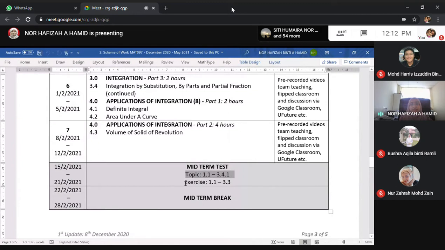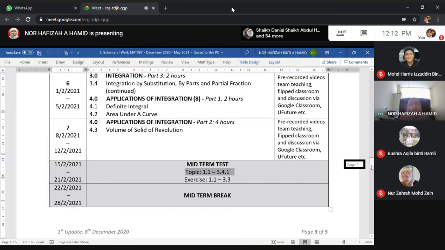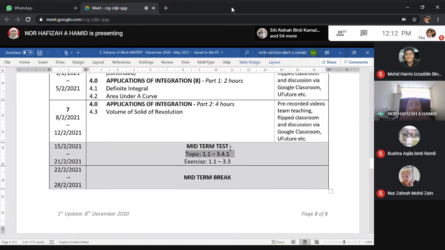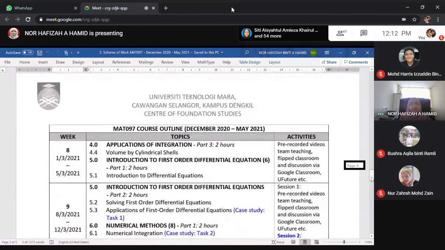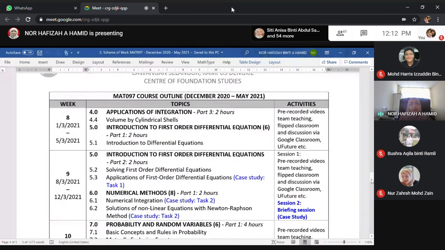For exercises, the exercises are the same as your tutorials. So the tutorials for the test cover from 1.1 until tutorial 3.3. After the test, you have a midterm break of 1 week. After the midterm break, we continue with week 8.